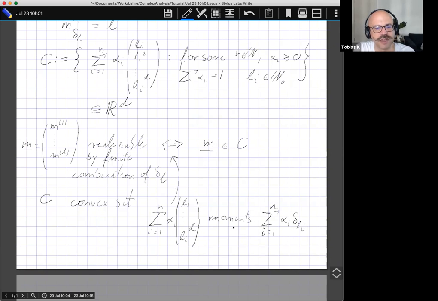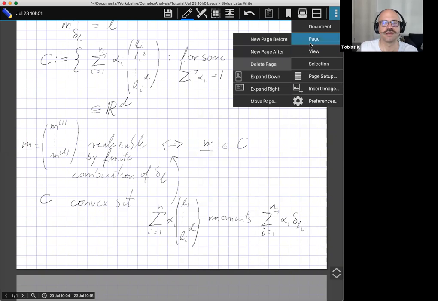If I have a measure which can be written as a combination of finitely many delta_L's, then the moments have to look like this. If I have a vector which can be written in this form, then these are the moments of this measure. So it's exactly this kind of set.